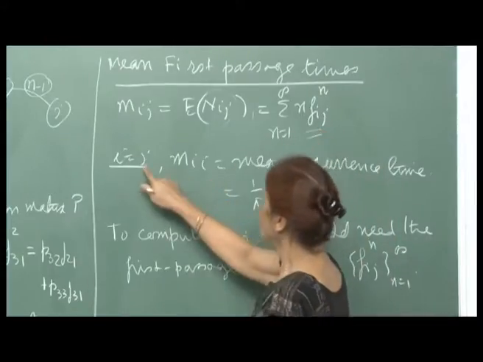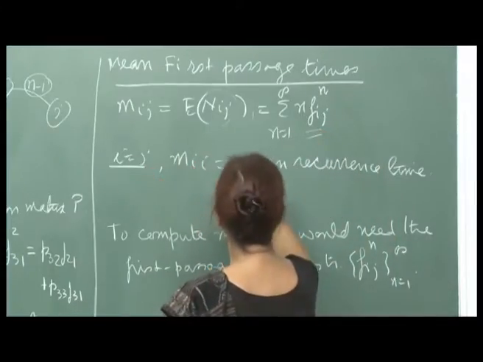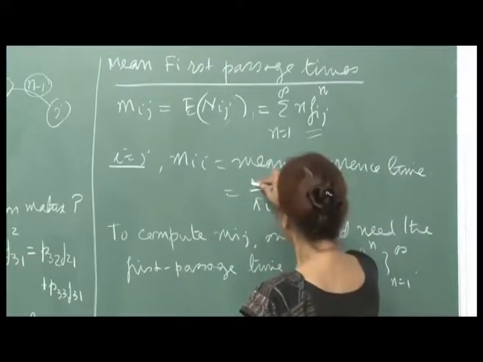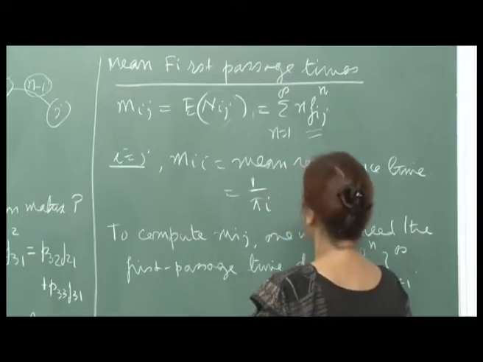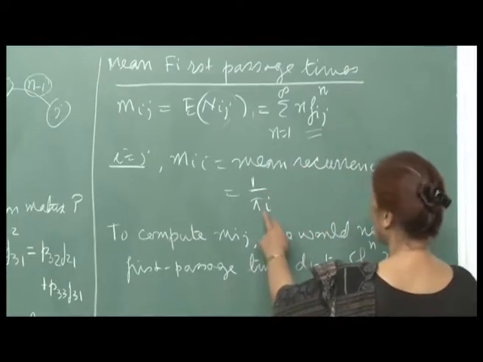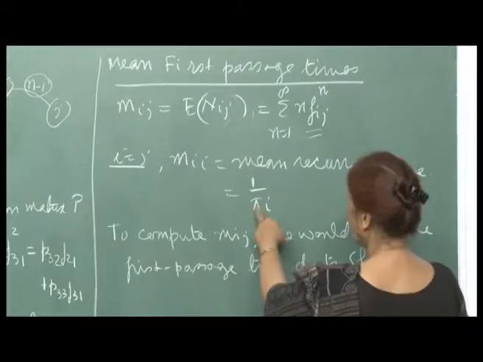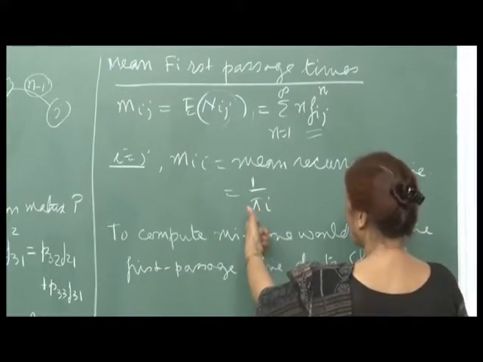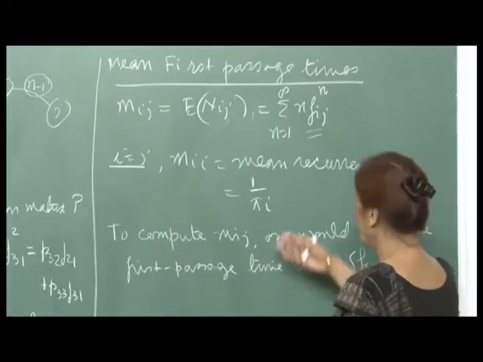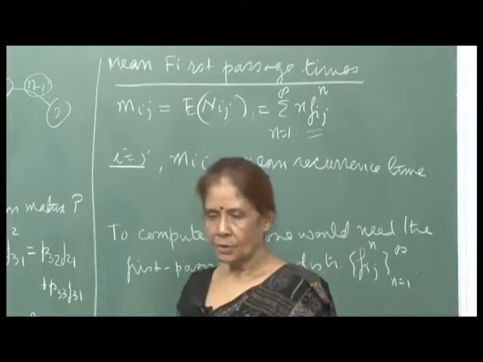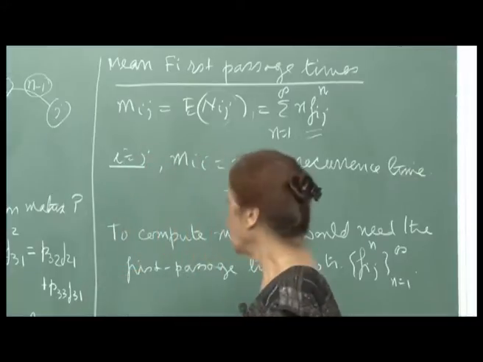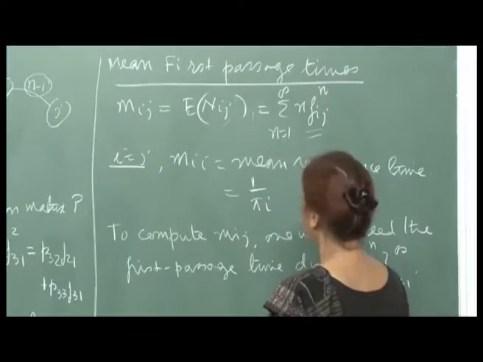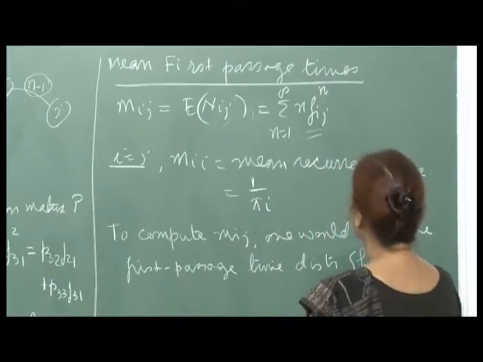When you put i equal to j, it will be m_i, which is the mean recurrence time, and this we have said is equal to 1 by pi_i. The steady state probability is the proportion of time being in state i over the long run, so 1 by pi_i would be the mean recurrence time. On the average, this is the time that you will require for reaching from i to i for the first time.